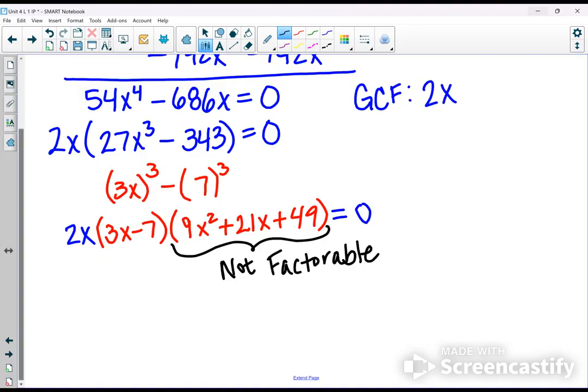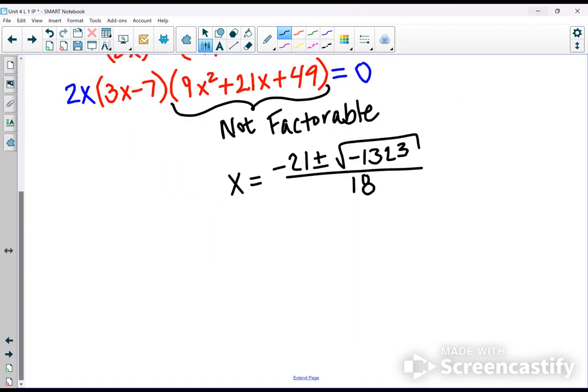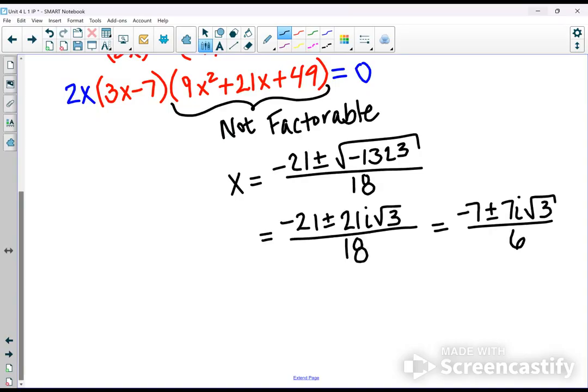Personally, I'm going to use the quadratic formula. After I get my quadratic formula and simplify it, because all of the outside numbers were divisible by 3, I got -7 plus or minus 7i square root of 3 over 6 as the solutions to just that one factor.